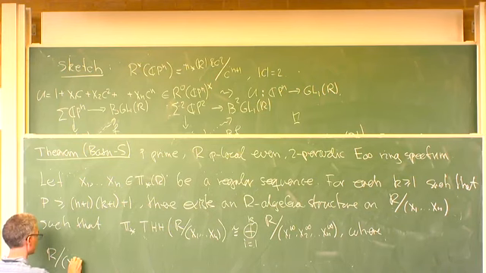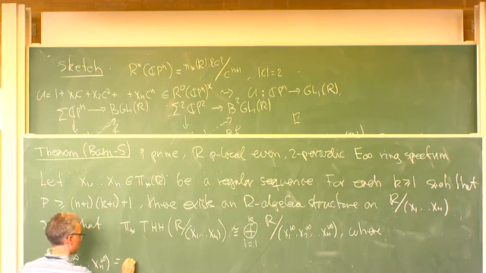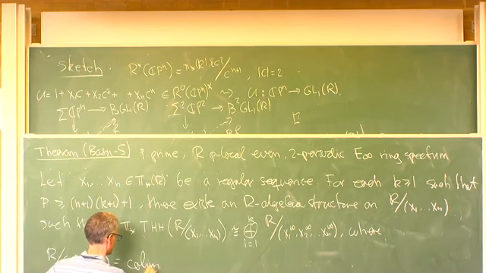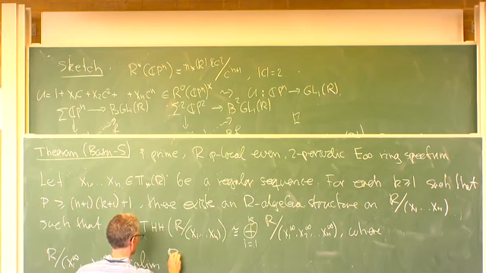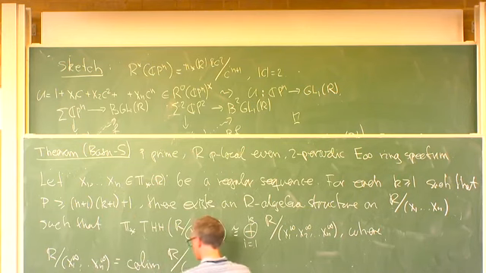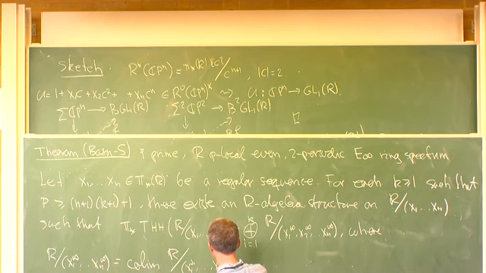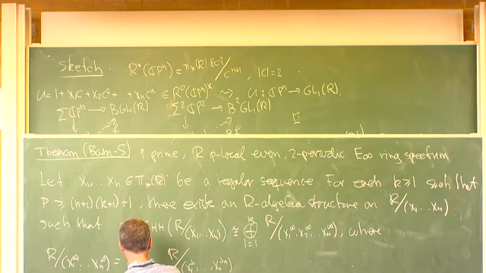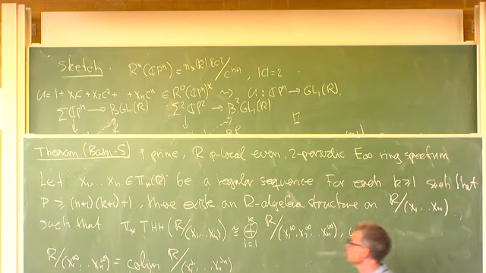So it is defined as a colimit of those quotient rings, R modulo (x_1^{j_1}, up to x_n^{j_n}), where the colimit runs over j_1 up to j_n.